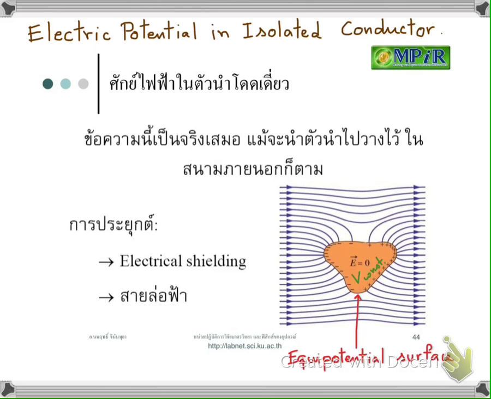For example, if you have the building and you put maybe a copper stick or copper rod on the top of the building, and you also have the wire and put it to the ground.